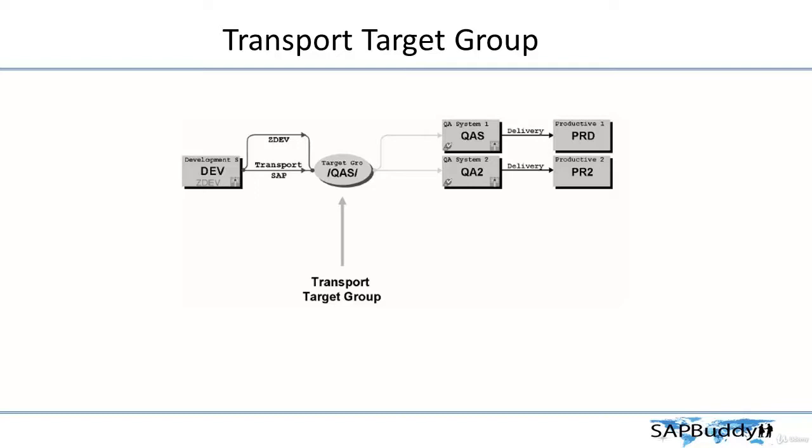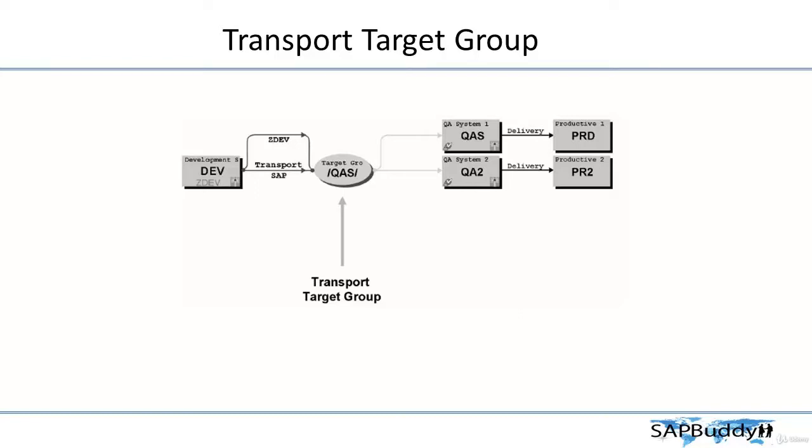As we can see in our landscape here, we have one development system, 2 quality systems and 2 productive systems. Let's assume the 2 productive systems are used for 2 different regions. However, the development system is only one.